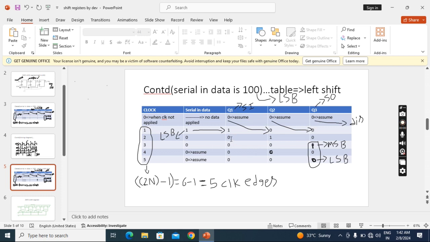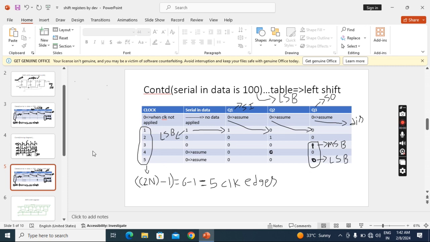Now 0 comes in, this 0 comes here, this 0 comes here, this 0 is stored, and this 0 is also stored. So finally, 1 goes in, so 1 comes out. Now this becomes the MSB and this becomes the LSB.